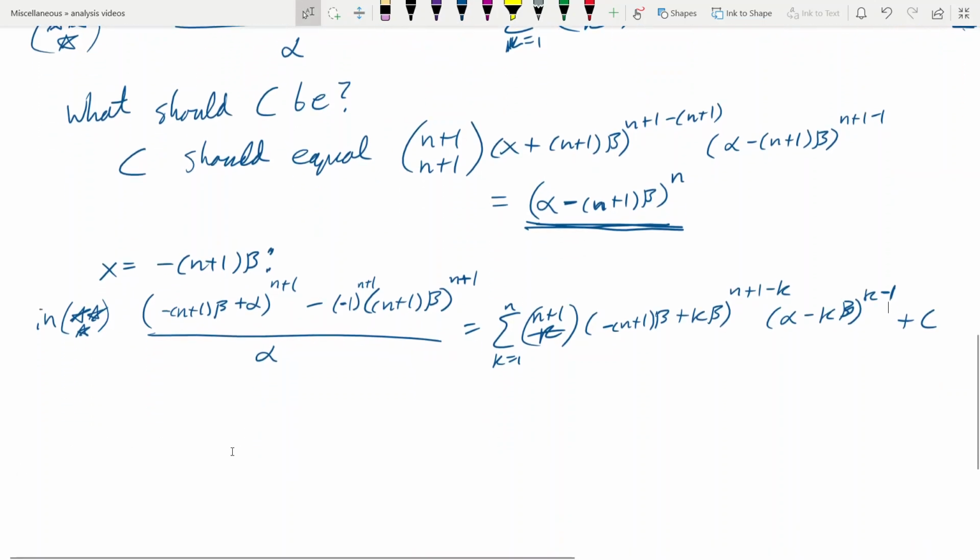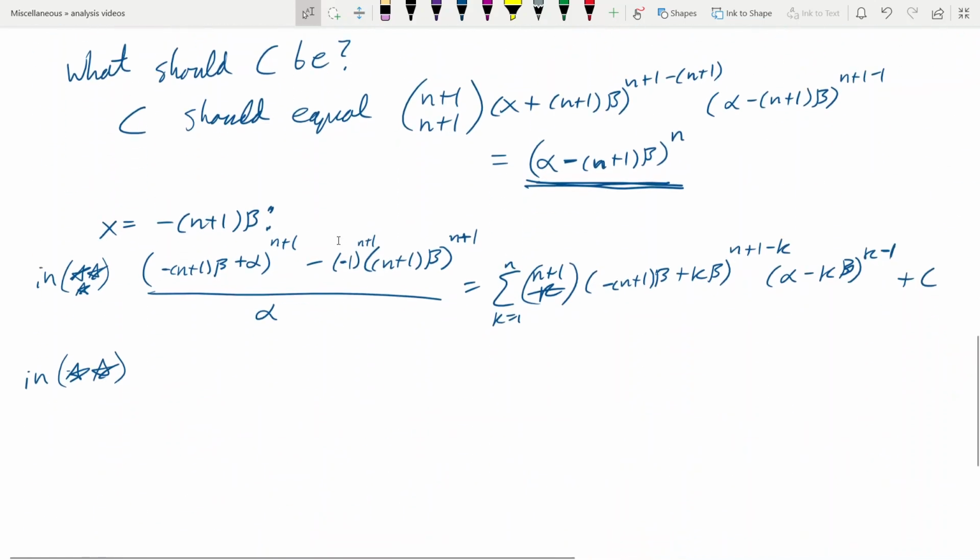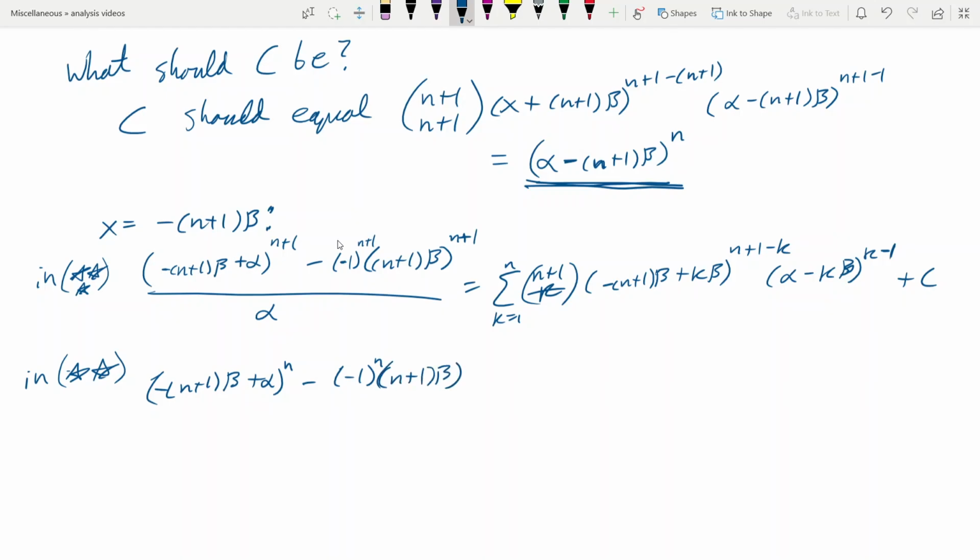All right, now I want to actually also sub in this value of x into double star. So let's just recall double star. This is x plus alpha to the n minus x to the n over alpha, and then the original sum we had. And so it's going to be n plus 1 beta plus alpha to the n minus, I'll let you check that this is what we get there.